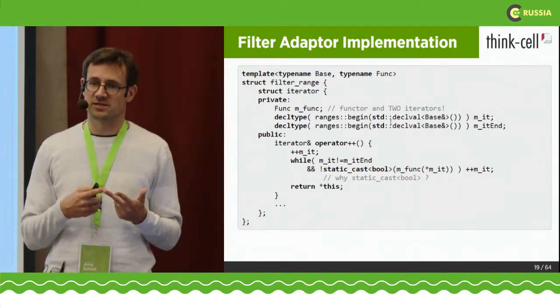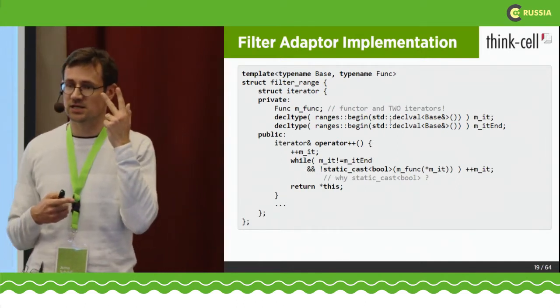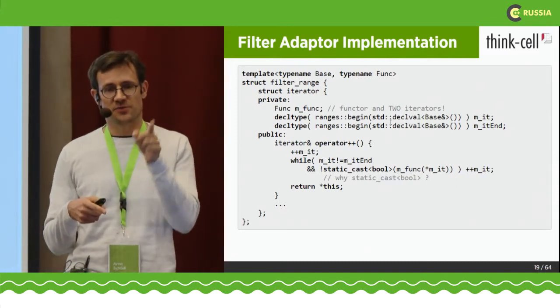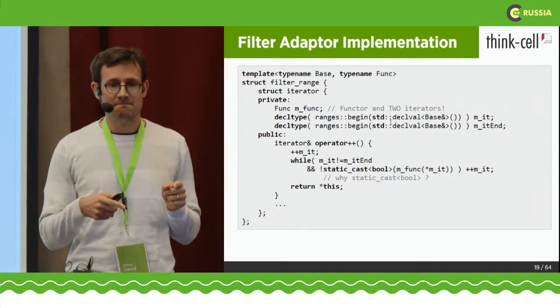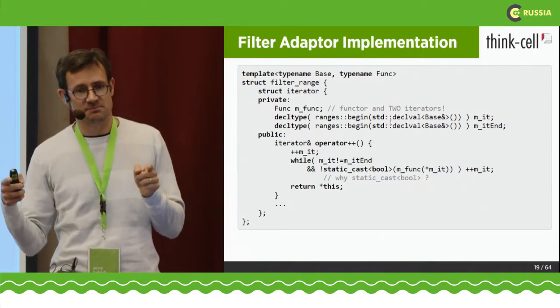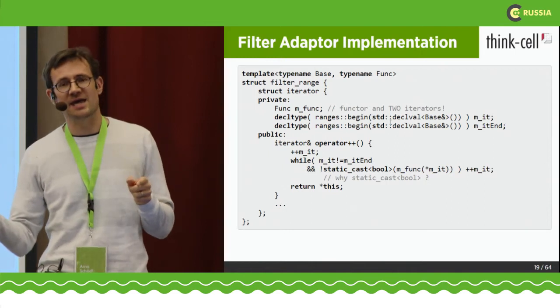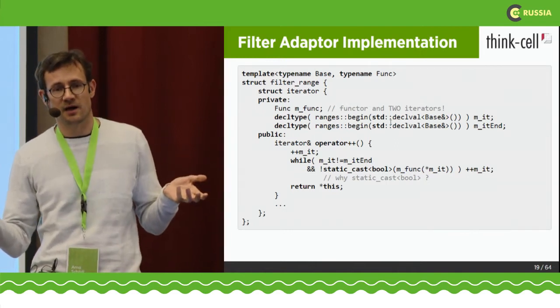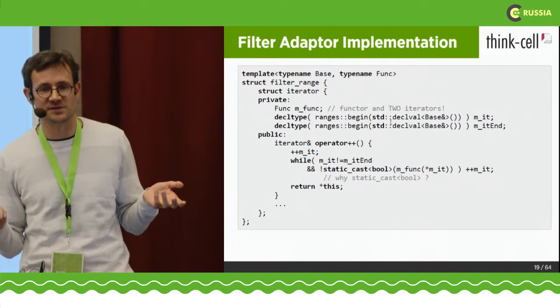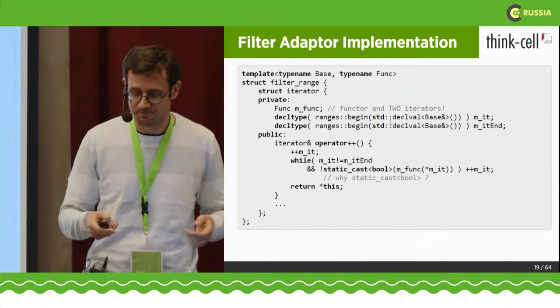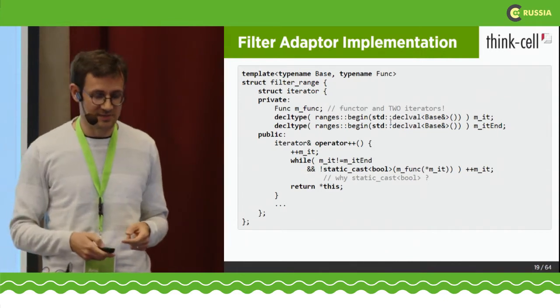You also need the end iterator. So you need to store two iterators inside your iterator. Why? Well, when you're starting to filter and you're throwing away things, then at some point you may reach end. So everything, say, before end got filtered, and now you're standing at end. You need to know when to stop. Otherwise, you're going to inadvertently dereference the end iterator, still looking for your element. So you need to know where to stop. And thus, you need the end iterator.